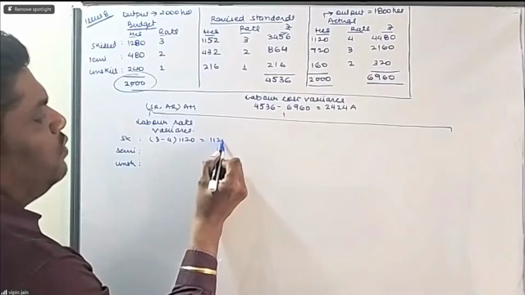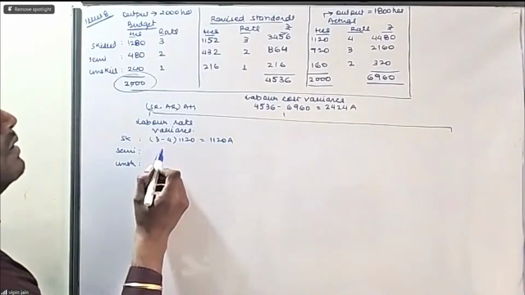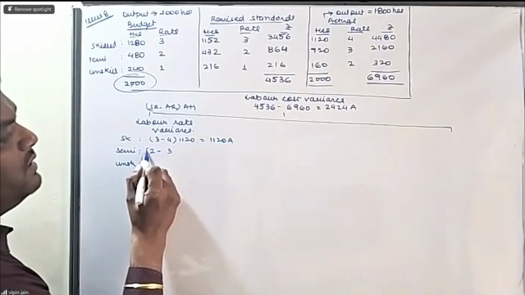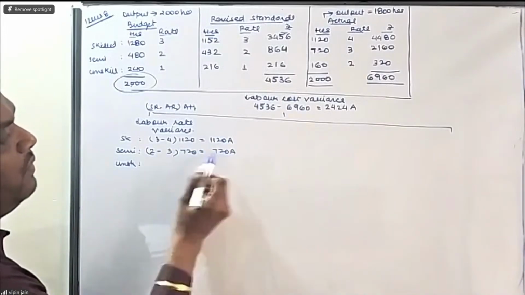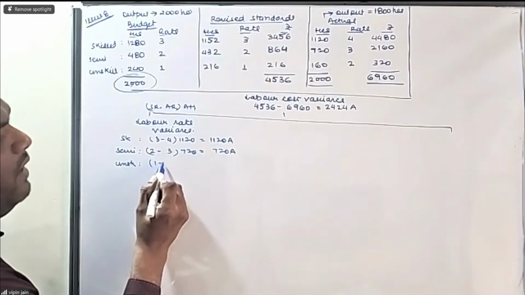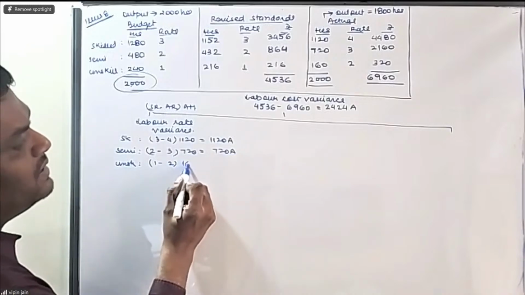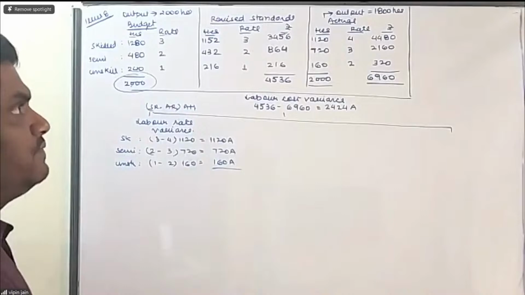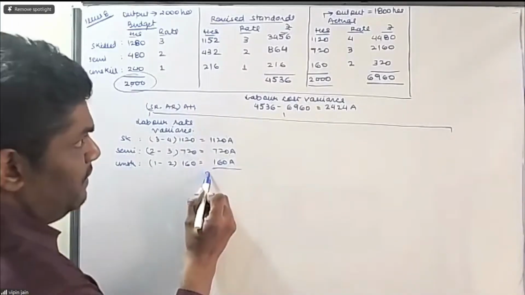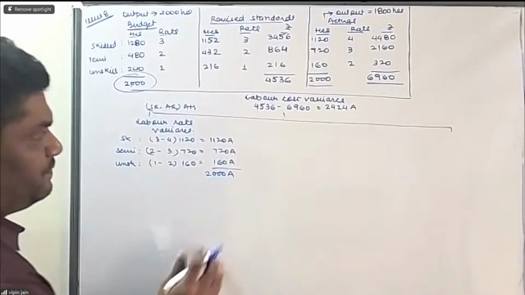So this will be 1120 adverse. 2 minus 3 into 720. So this will be 720 adverse. And 1 minus 2 into 160. So this will be 160 adverse. So this will be 2000 adverse.